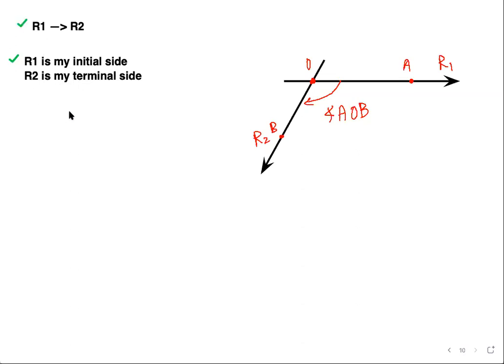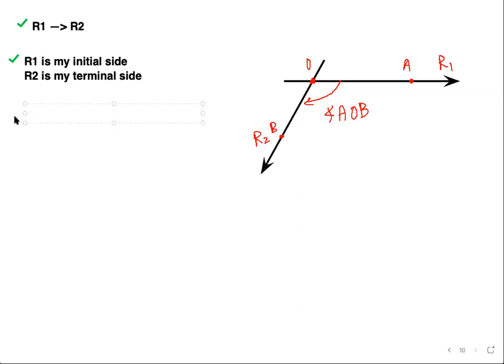Also, how is the rotation for this angle? Is it clockwise or counterclockwise? Is it clockwise? This is correct. And what's the sign for this angle?